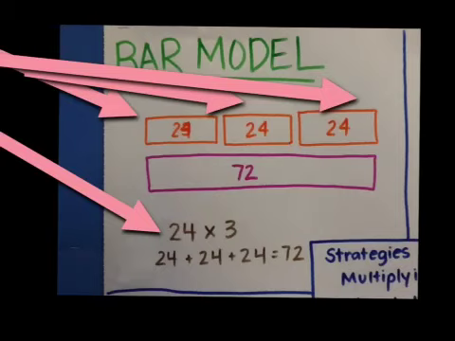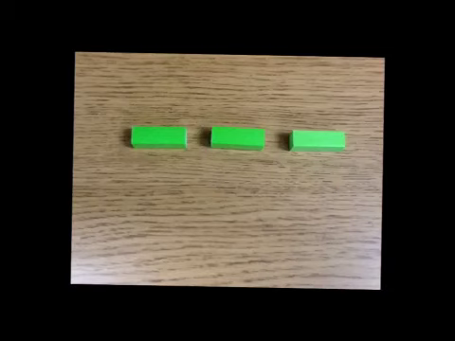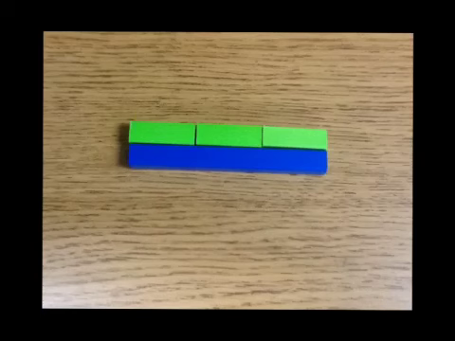Here's a picture of those bars that students would use in class, and I can use any number with this. If, for example, this stands for 3, I would explain that these bars represent the number 3, and so in this case I have 3 times 3, and here this shows 3 plus 3 plus 3 is equivalent to the answer 9.